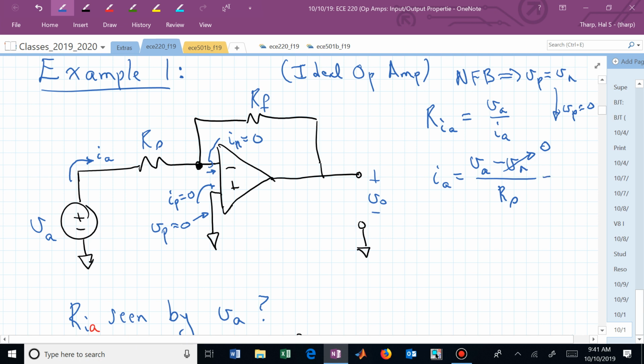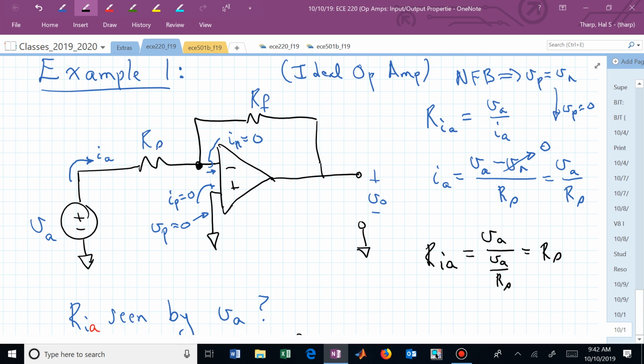Or we now have V sub A over R sub S, and now we can write down the answer to the question, what is R sub I sub A seen by V sub A? That's now V sub A over I sub A, which is V sub A over R sub S, which is, in fact, R sub S. The resistance seen by that voltage source is not the input impedance of our op-amp, which could be 2 megohms.